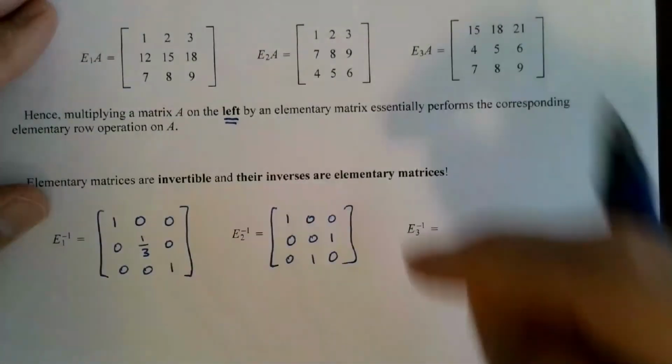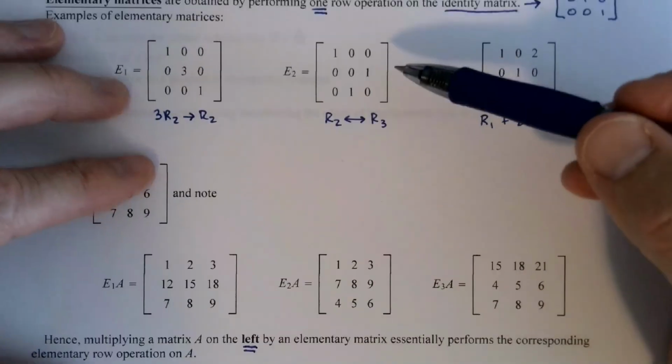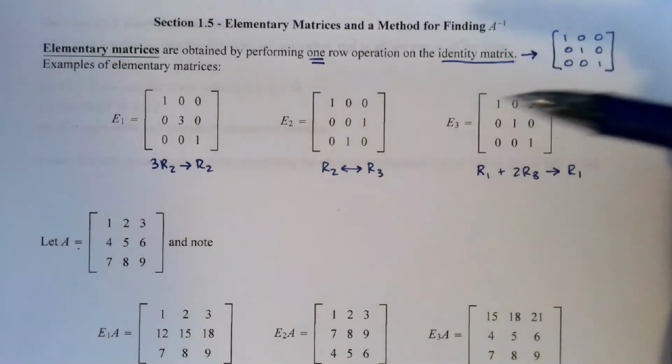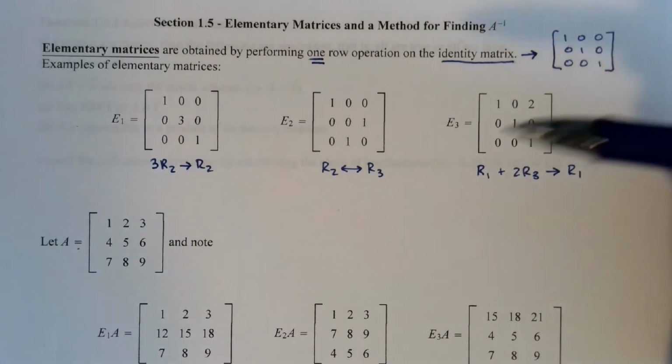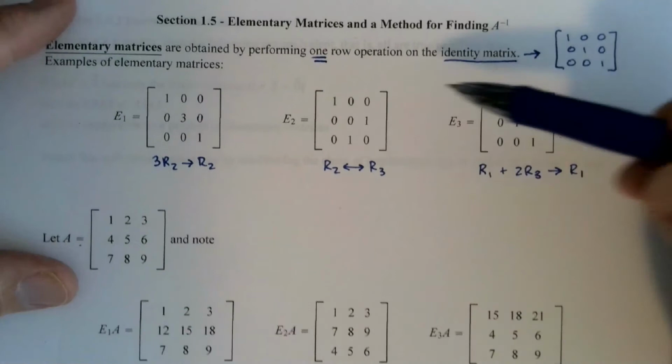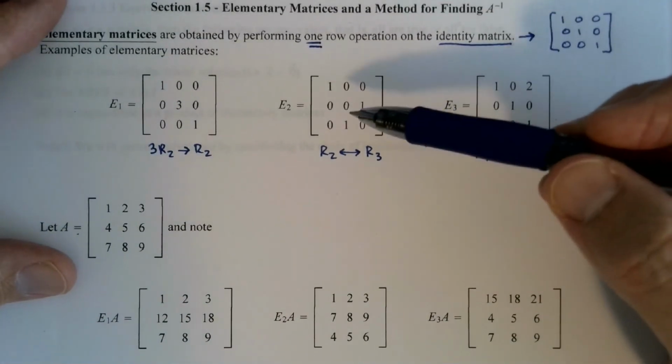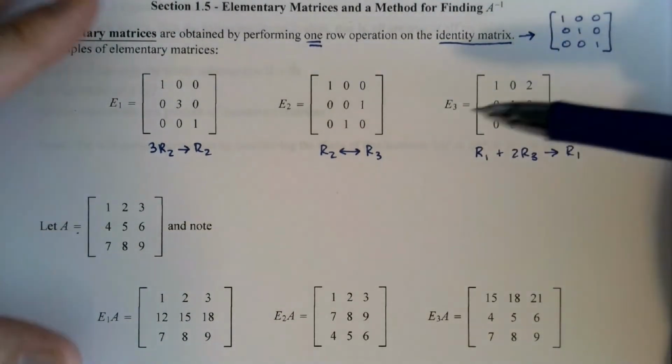That's kind of interesting because when we talk about inverses, the analogy in real numbers is reciprocals, right? If I multiply a number by its reciprocal, we get 1. For matrices, when I multiply a matrix times its inverse, I get the identity matrix.